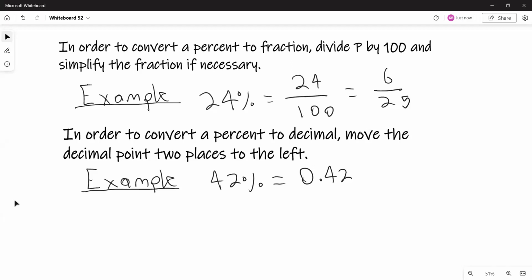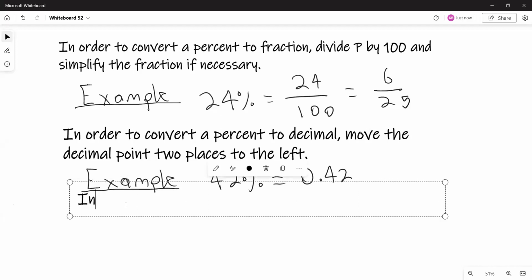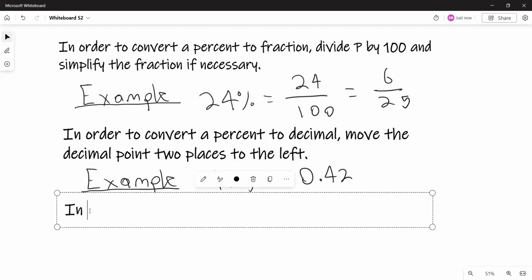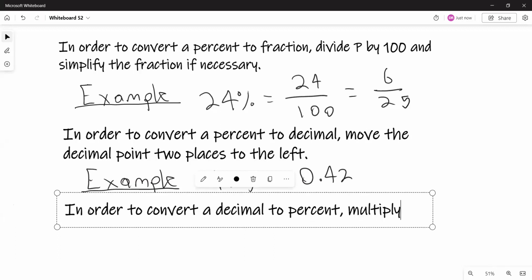If you want to convert a decimal to a percent, you reverse the process above. In order to convert a decimal to a percent, we multiply the number by 100, or simply move the decimal point 2 places to the right and insert the percent symbol.